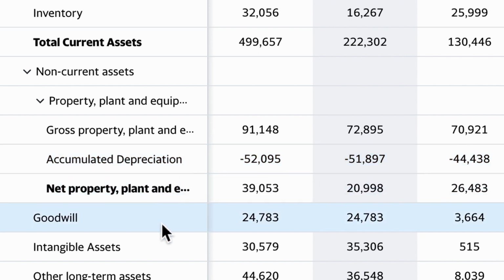Goodwill is if company A went out and bought company B, and let's say company A paid $10 million, company B was only actually worth $8 million. There's things that company B has that can't actually be really evaluated in a cash sort of way.